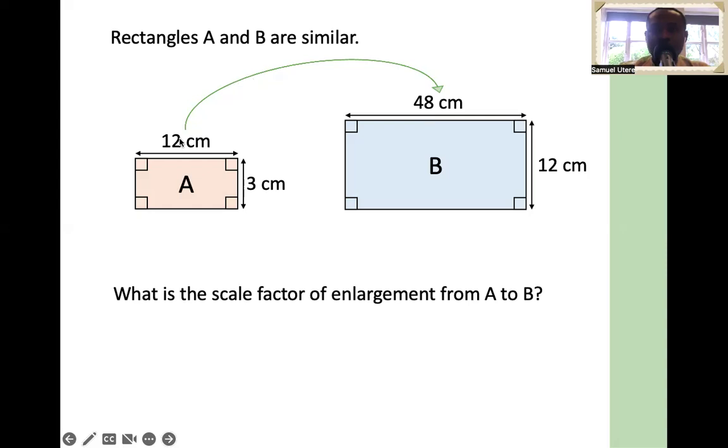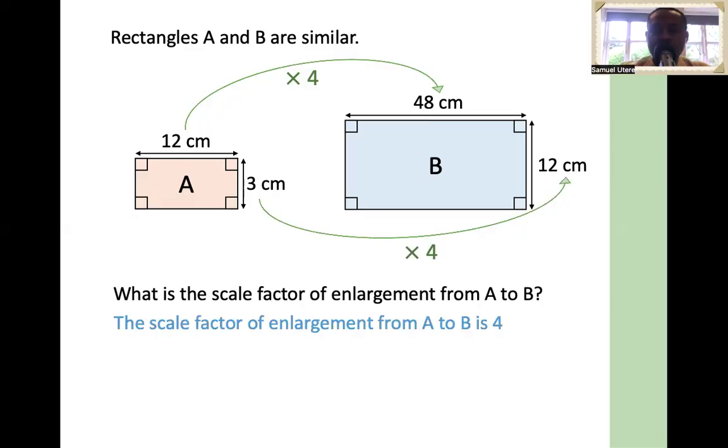To find out what number you would multiply 12 by to get to 48 is the same thing as doing 48 divided by 12. So, we are multiplying shape A by 4, or scaling shape A by 4, to get shape B. So we say the scale factor of enlargement from A to B is 4.